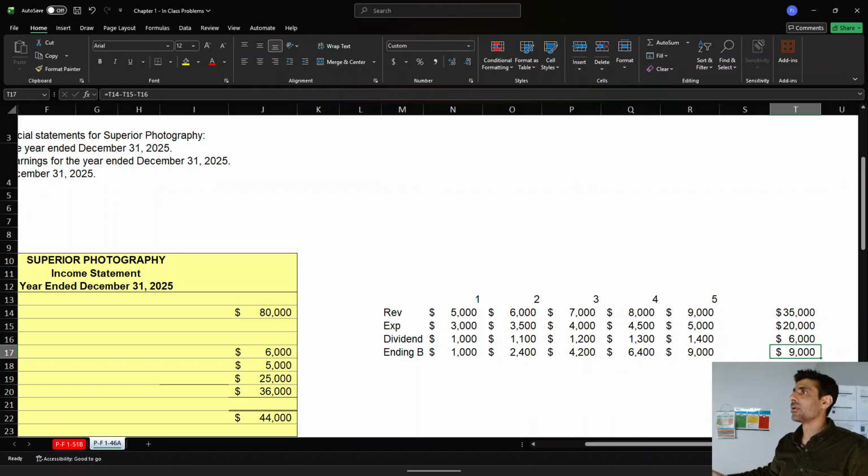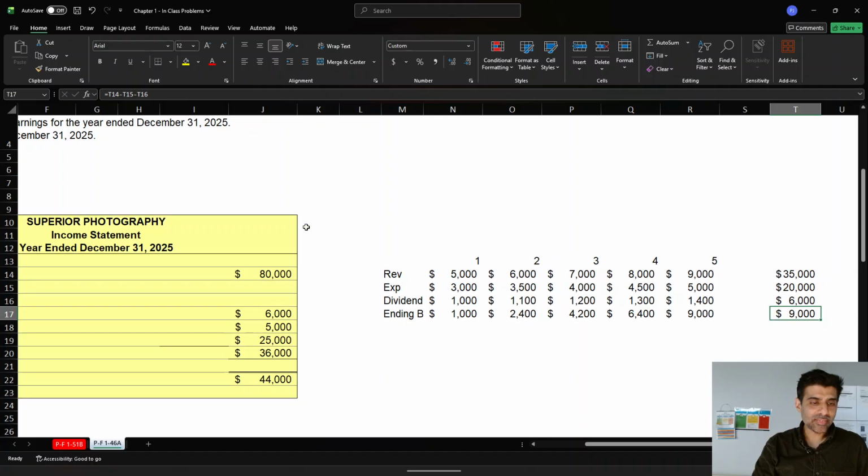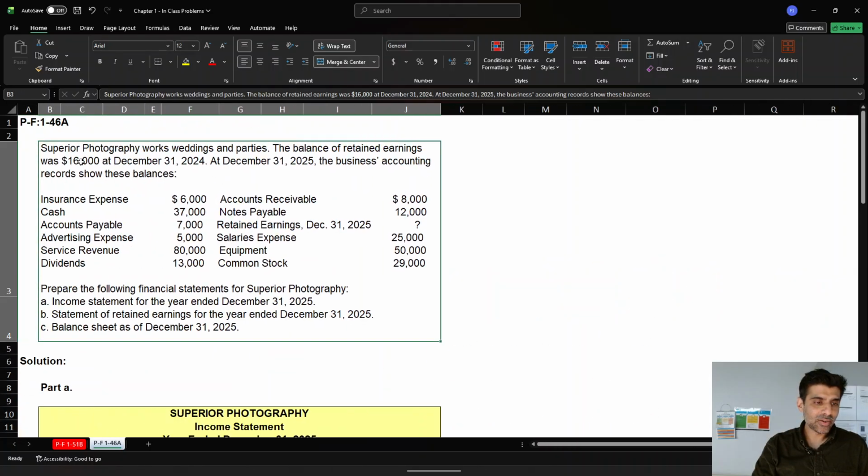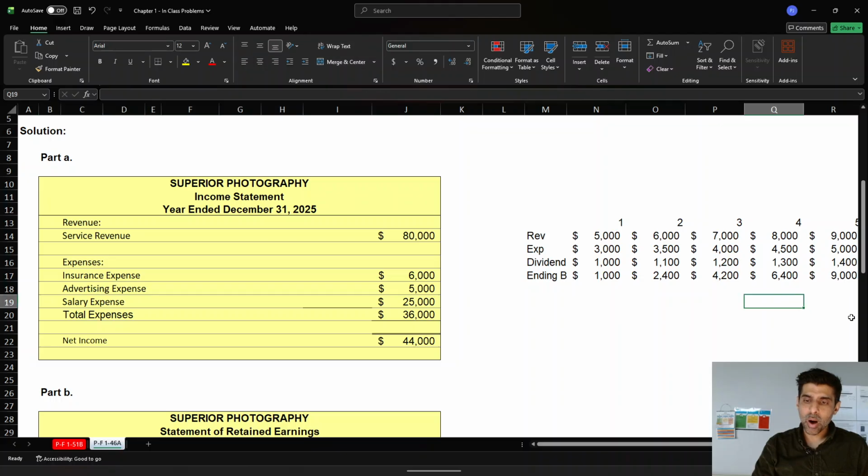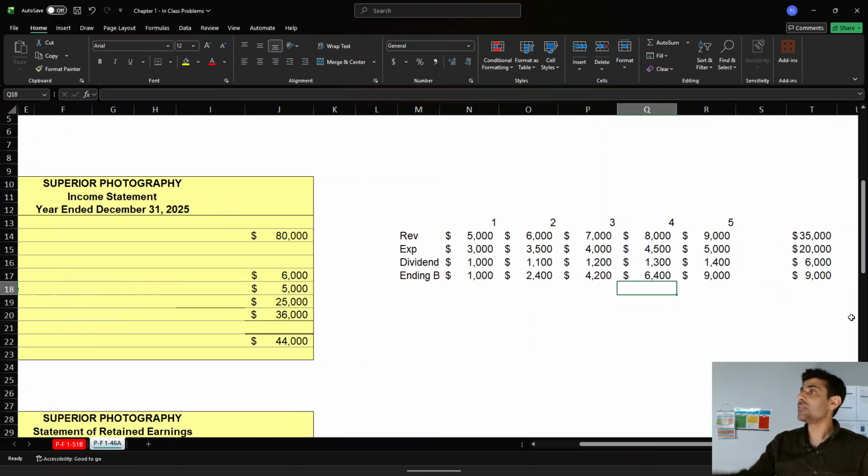So if you did not include this $16,000, then it's like all the previous years just didn't exist. This $6,400 is a summary of the entire history of the company, all its revenues, expenses, and dividends summed up, netted against each other into one number. And so you need to include that because you're updating that number with whatever happened in this most recent year.